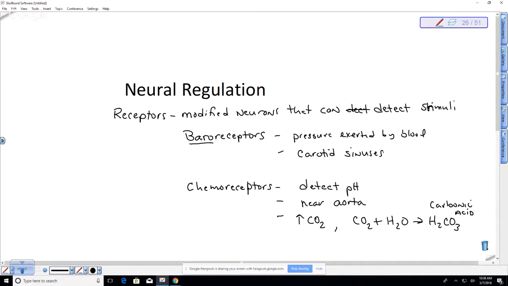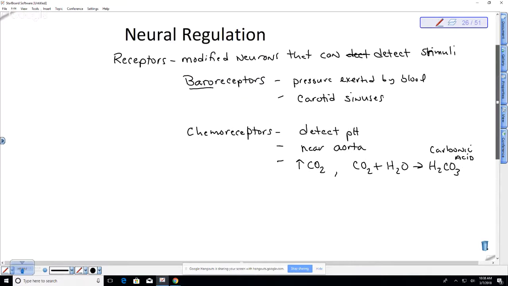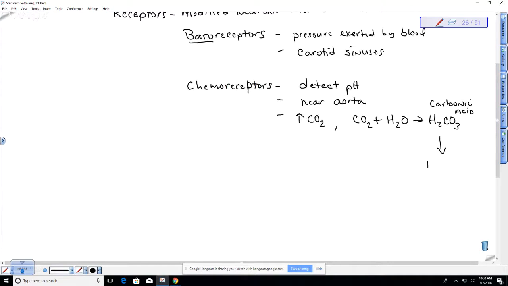Okay, so carbonic acid is then going to release hydrogen ions into solution. You don't need to know the name of these, but it's just the carbon dioxide mixing with water that causes the hydrogen ions to be released. And if you have a lot of hydrogen ions, is it low pH or high pH? Low, right? So this would be a decrease in pH. Okay, so these chemoreceptors can affect the blood pressure.